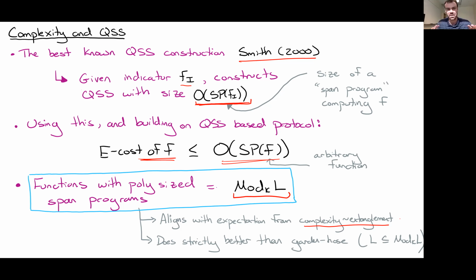So this is somewhere where I'm providing evidence. We can take this idea and it has various conclusions. One conclusion is that I should be able to do F routing for the functions in mod KL. That turns out to be true. So I think this supports the idea that complexity controls entanglement, but I can't conclude that. I see, thank you.